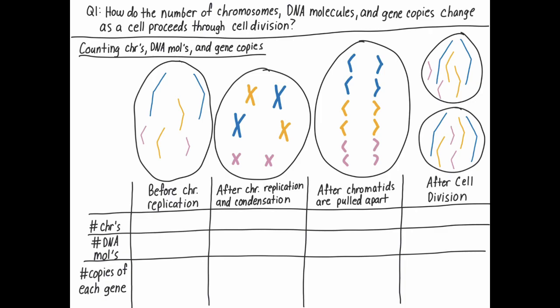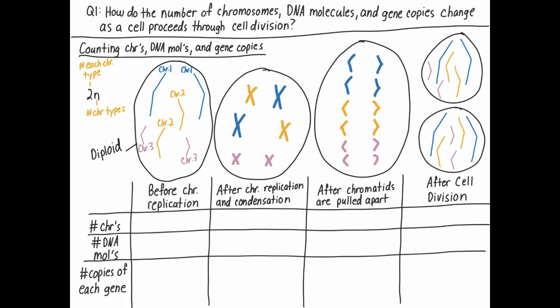Okay, so for those of you who filled out the table, you are an excellent student. We can tell that this is a diploid cell because before replication, there are 2 of each chromosome type. So this species is 2N.